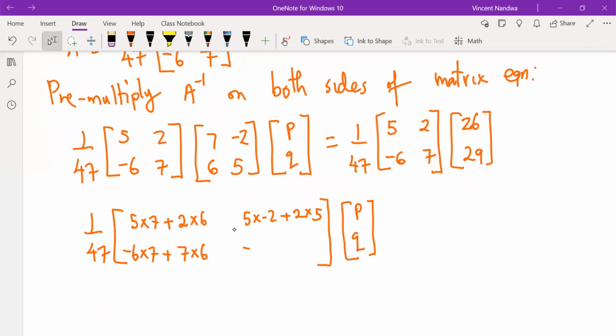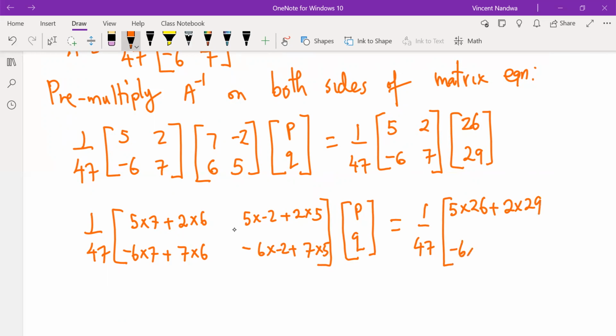Element here will be minus 6 by minus 2 plus 7 by 5, so this second row times second column. Then 5 by 26 plus 2 by 29, minus 6 by 26 plus 7 by 29.